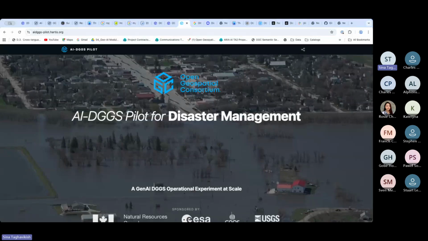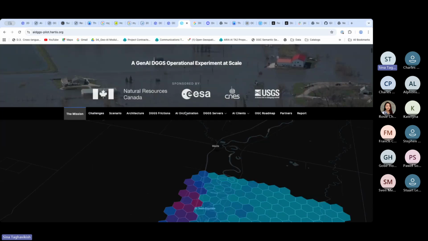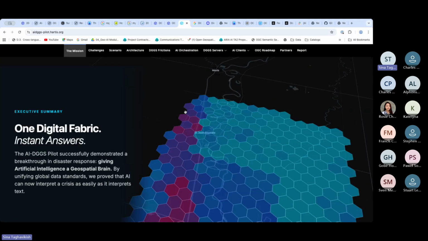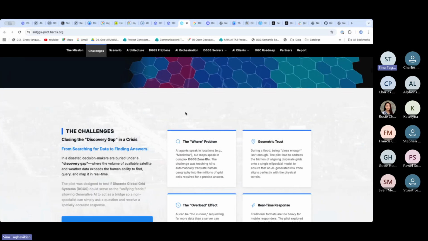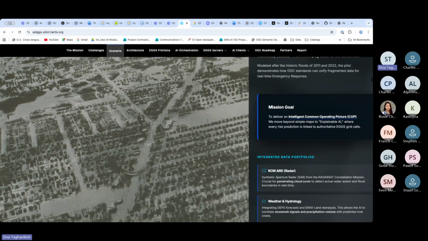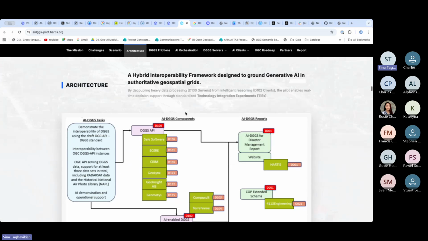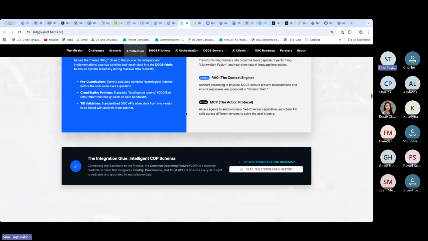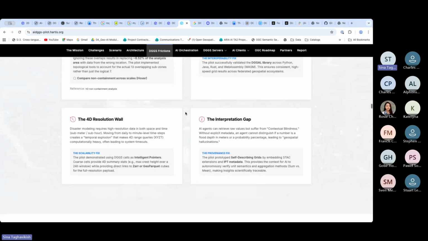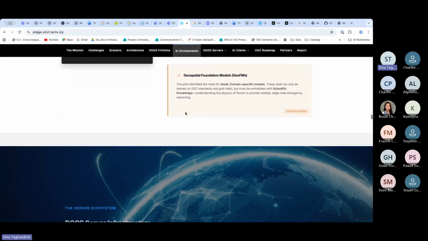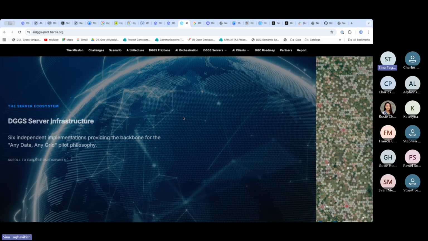Okay, so this is the pilot's website, and it describes so many things: the challenges, the data that has been used, the architecture, the descriptions, and it goes on until we get to the servers.